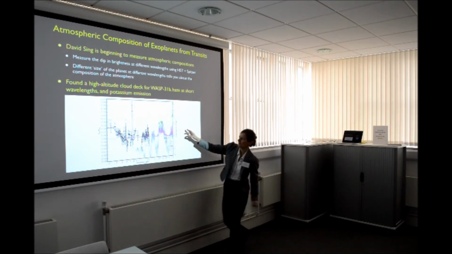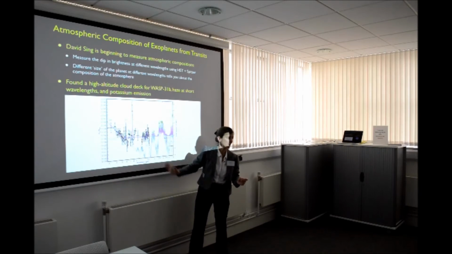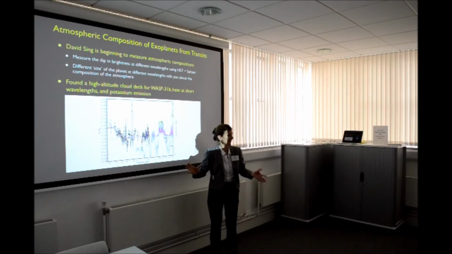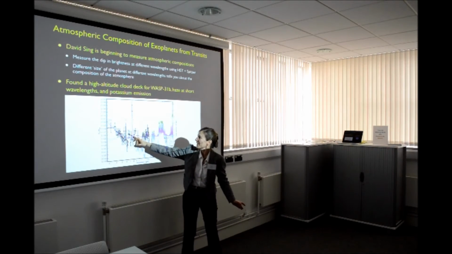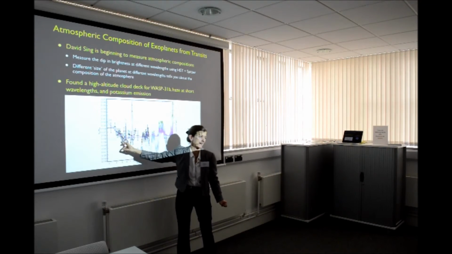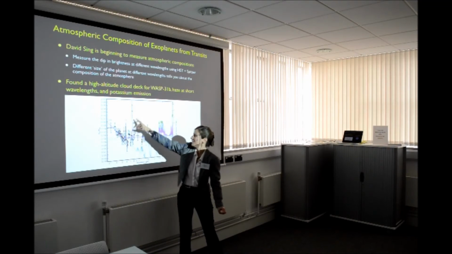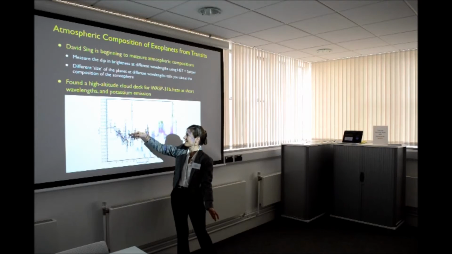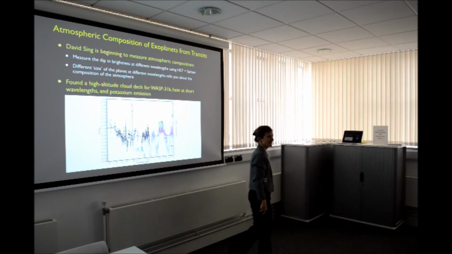And what's been found? Well, the main thing that's been found in this planet, which is quite a hot one, about 1,500 Kelvin, is a detection of potassium. So the planet has got a potassium-filled atmosphere, and that makes it opaque out to larger radii.